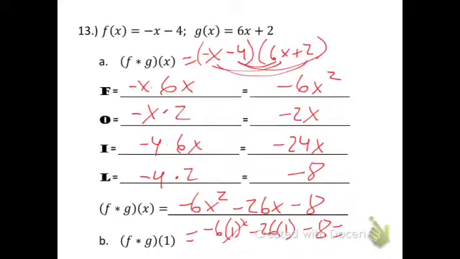So the 1 doesn't do anything. When you times by 1, it keeps it the same. So you have negative 6 minus 26 minus 8. Basically just add up 6, 26, and 8, and then slap a negative in front. So 6 plus 26 plus 8 gives you 40, and slap a negative in front. You're looking at negative 40.